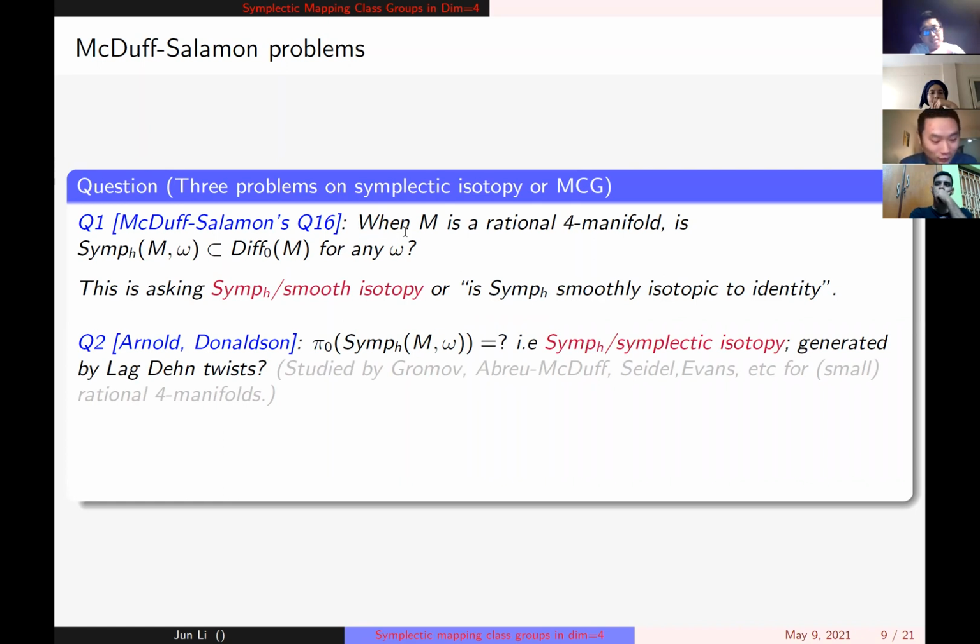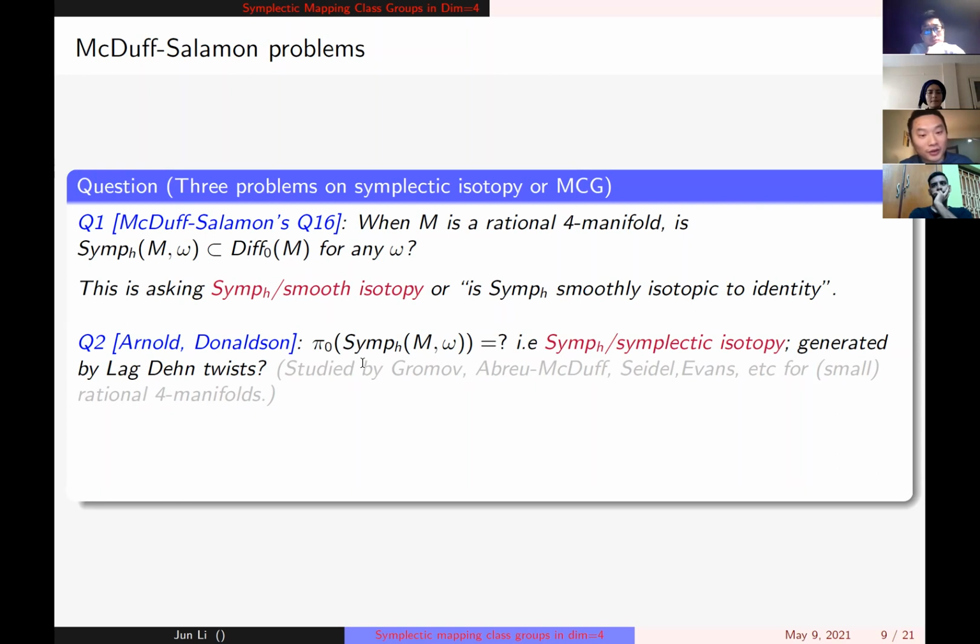Question 1: when M is a rational symplectic manifold, we wonder if the symplectomorphism group is completely lying in the identity component of Diff. Here we have a subscript H on Symp, which means homologically trivial, because homologically nontrivial maps are certainly not even smoothly isotopic to the identity. So we want to kill that part. Basically this is asking what is Symp_h modulo smooth isotopy. Is this thing trivial?